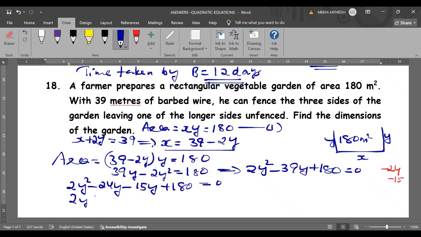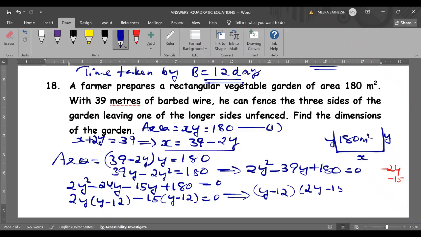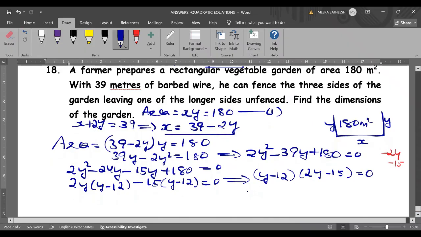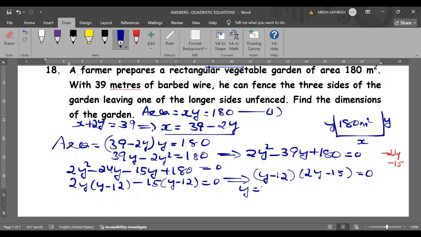So 2y into y minus 12 minus 15 into y minus 12 is 0. So y minus 12 into 2y minus 15 is 0. Both values we will get positive, no? So we get y equal to 12 or y equal to 15 by 2, which is equal to 7.5.